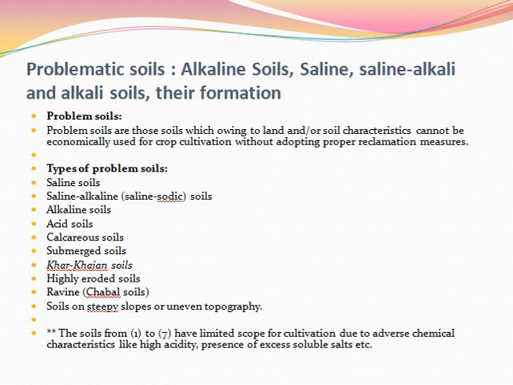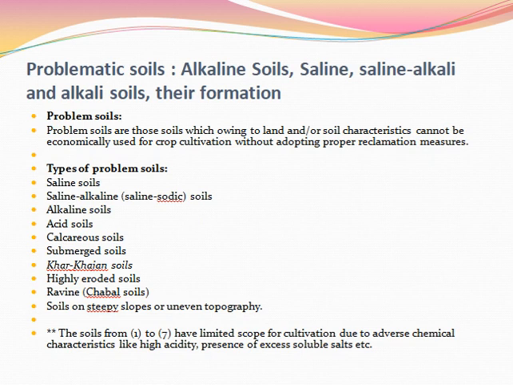There are 7 to 8 types of problematic soils, out of which the worst and major category is salt-affected soils. Saline soil, saline alkali soil, and alkali soil fall under the category of salt-affected soil. The rest are acid soils, calcareous soils, submerged soil, khar khajan soil, highly eroded soil, ravine soils, and soils on steep slopes.